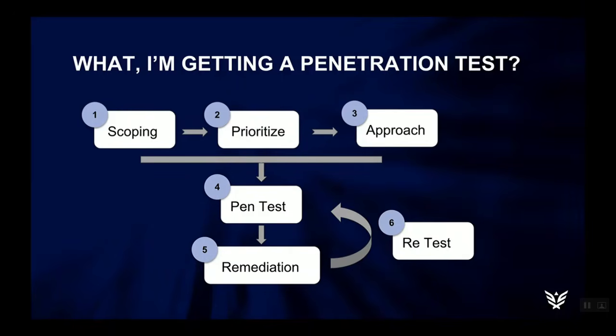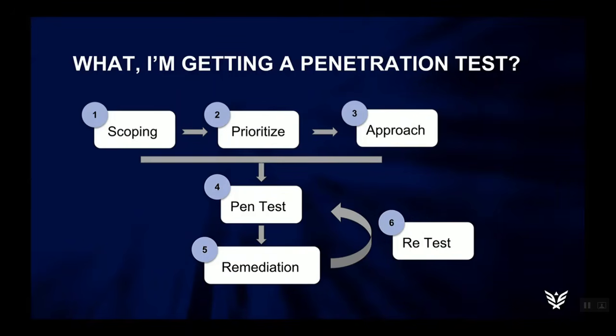Are they infrastructure devices that connect to the entire enterprise, for my backend customer database or something like that? And then take the approach. How are we going to actually come into the systems? Are we going to attack your system from within the network, or from outside the network only, to determine the access path to the particular application and the data?